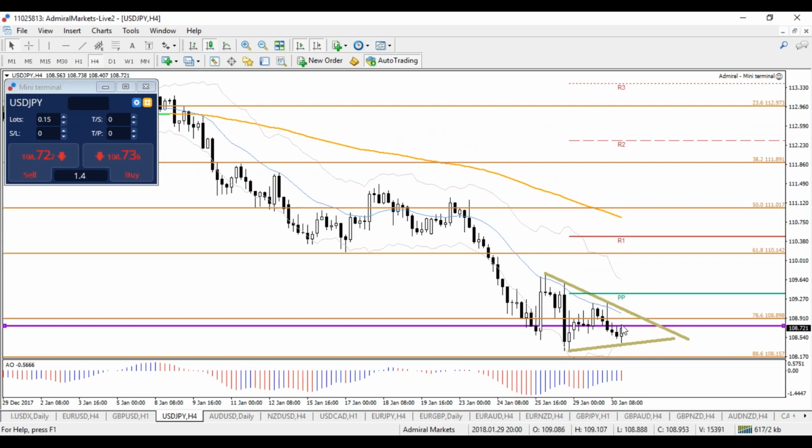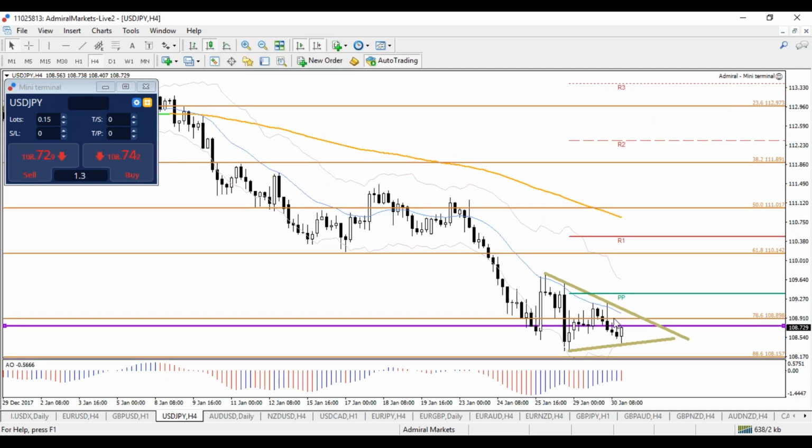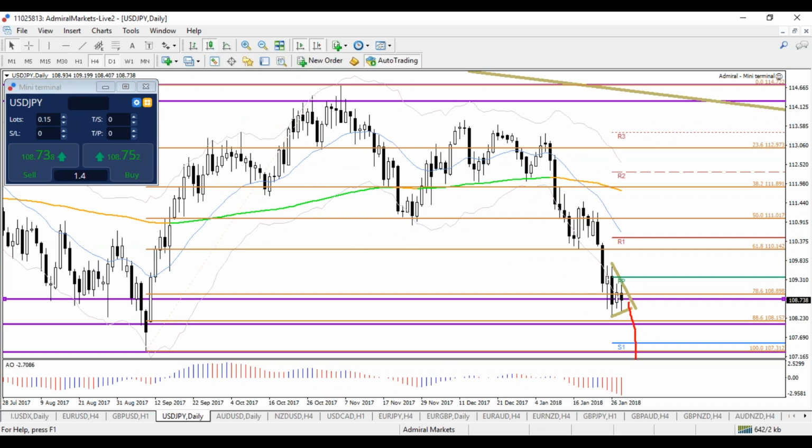And for downside, I'm not that interested right here, because it's just smack at this entire big support zone. So that does not look that good for the moment. I mean, obviously, if price has a daily candle like this, or not maybe in one day, but you get my point.